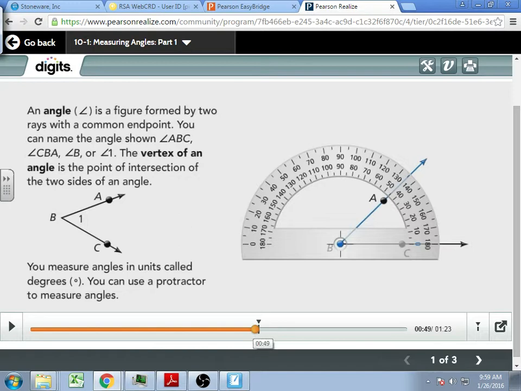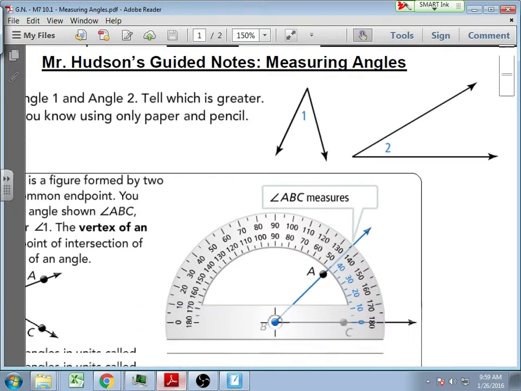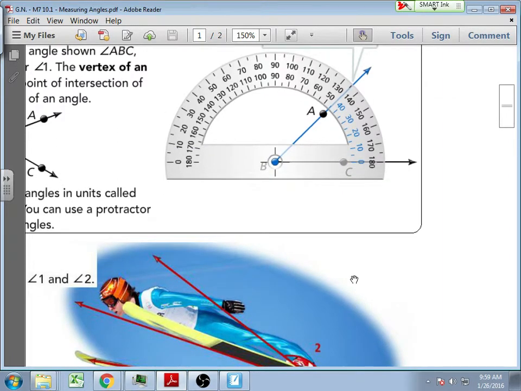The first thing we care about: you put the little center, the line that meets in the middle of the protractor, and line it up with the vertex of the angle. The vertex is where your rays meet. You can put the vertex in the T or crosshairs.